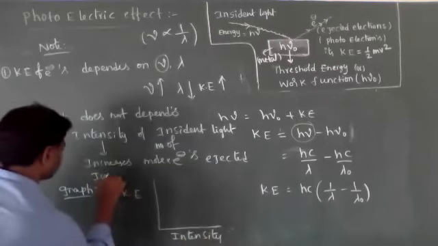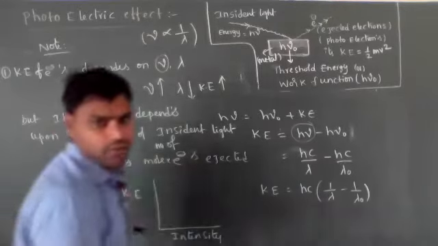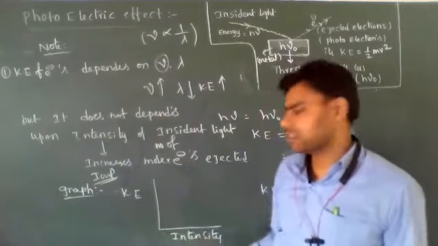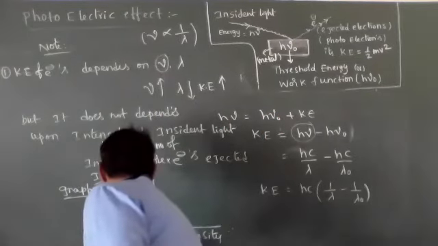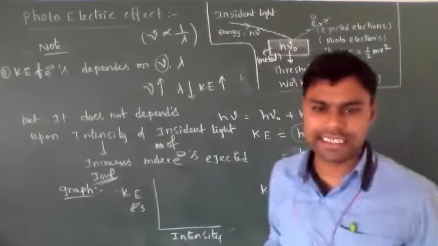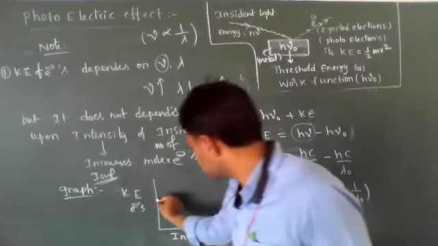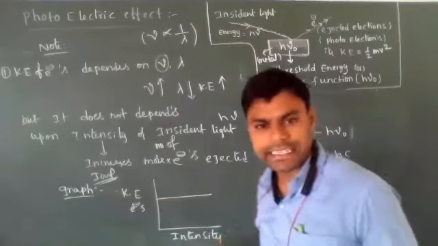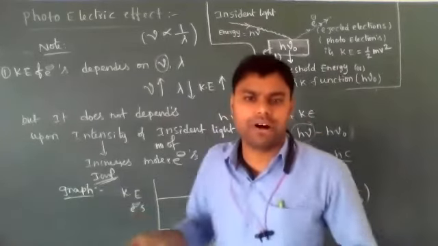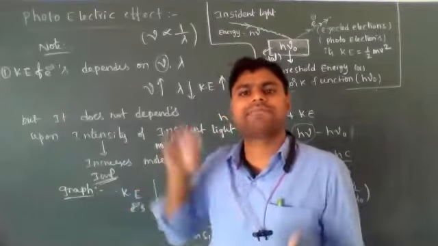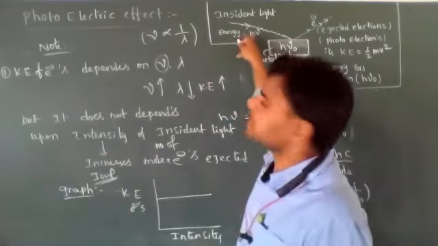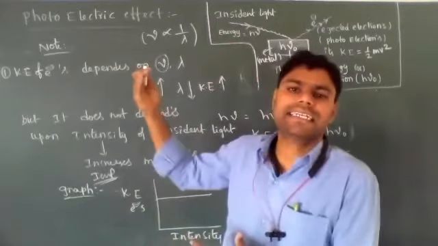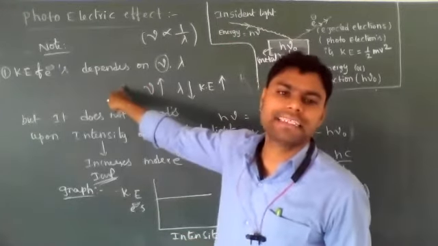This is important for JEE. Among the following, which is the correct graphical representation of the kinetic energy of electrons and the intensity of incident light or radiations? Independent. When intensity increases, more electrons will come out, but all electrons have the same velocity because the energy is the same. If the energy of incident light increases, then the kinetic energy will increase.